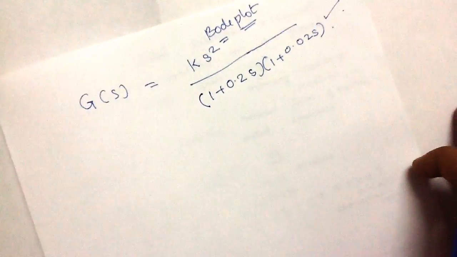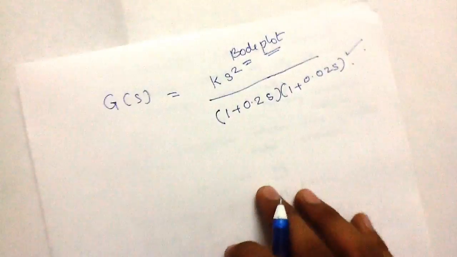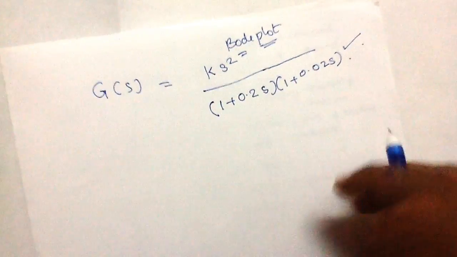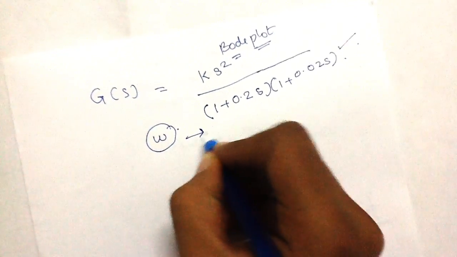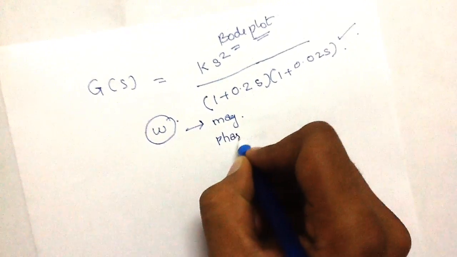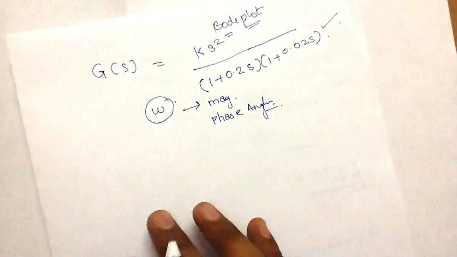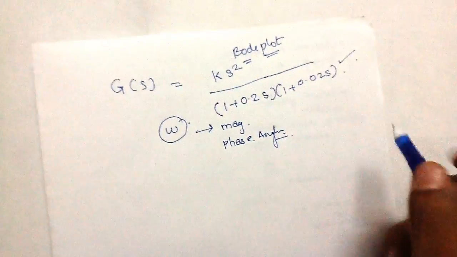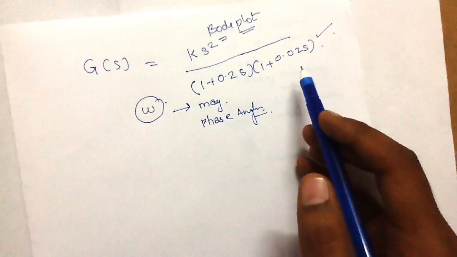To find a Bode plot, we first need to find out the different magnitudes and different phase angles for a particular frequency omega. So first of all, let us consider our transfer function which we already have here.